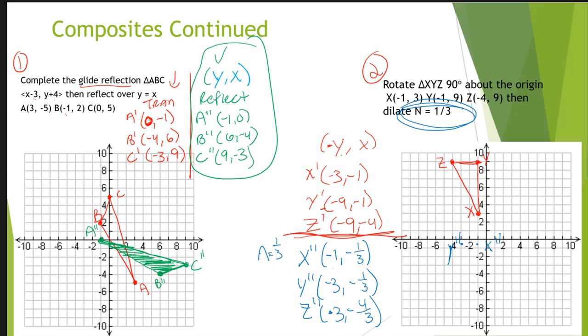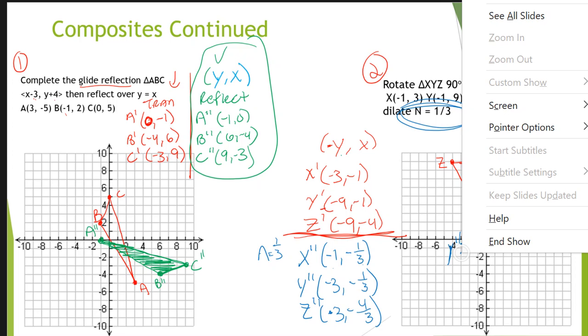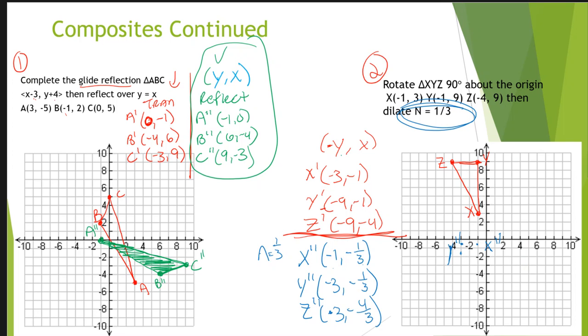And then -3, -4/3. -4/3 is like 1.3, so it's a little bit down. And this will basically be what this will look like: 1/3 of the original size, and it's being rotated.